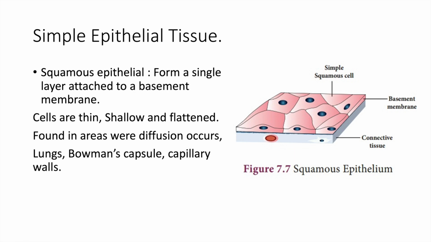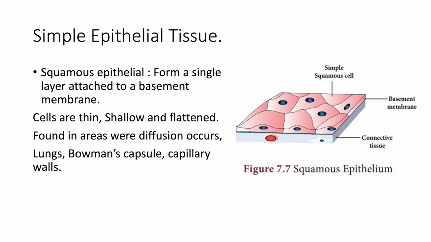Their function, majorly, their function are diffusion of materials and exchange of gases. Maybe then we can ask the question, how are they actually adapted to perform this function? Now, the adaptation of the epithelial tissue is that they are thin and they are flattened. Them being thin and flattened serves to reduce the diffusion distance of materials.